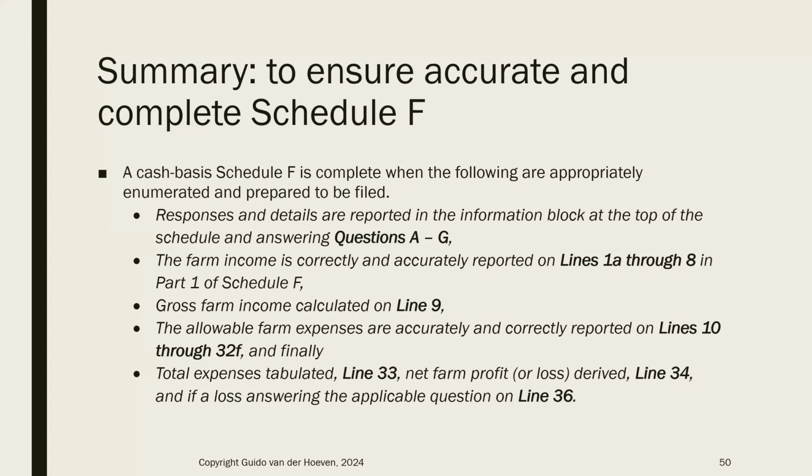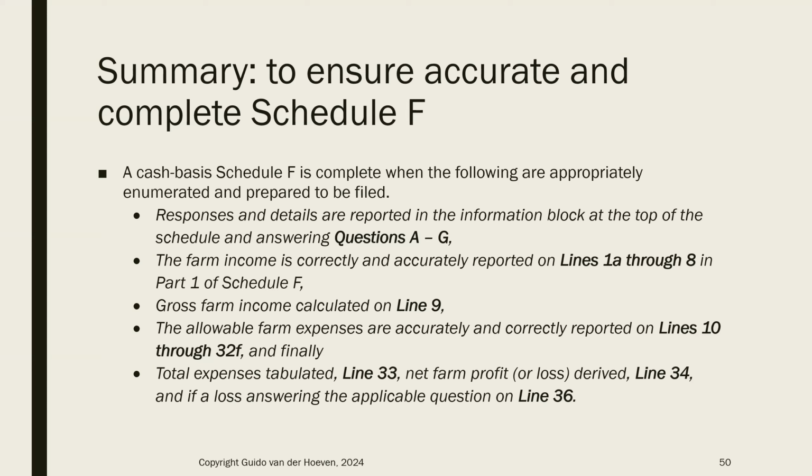And then we're going to calculate gross farm income, which is going to be the summation of lines 1C through 8. And then whatever our allowable farm expenses are, they're accurately and correctly reported on lines 10 through 32F.